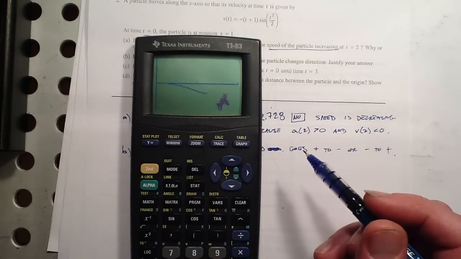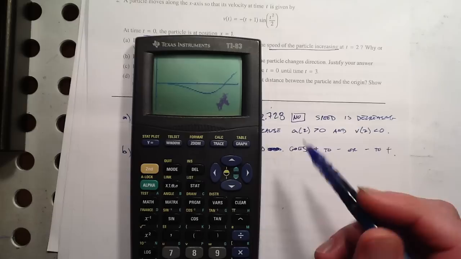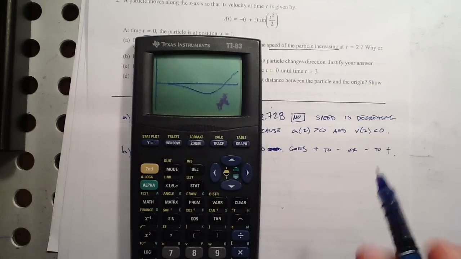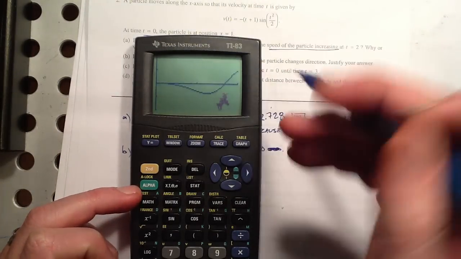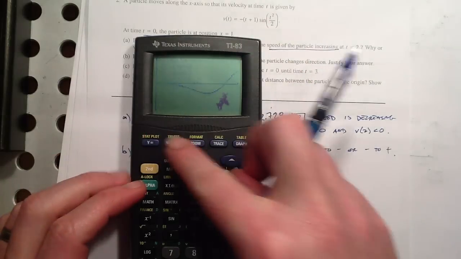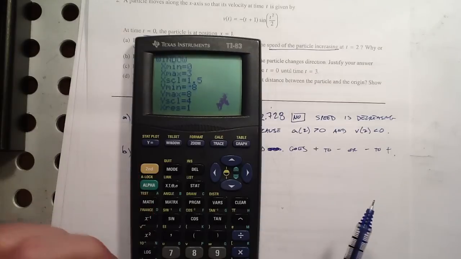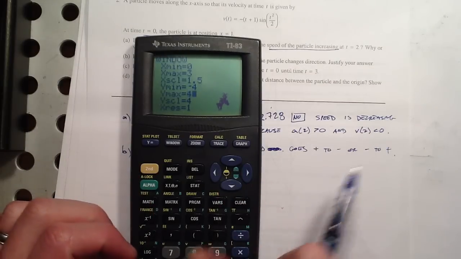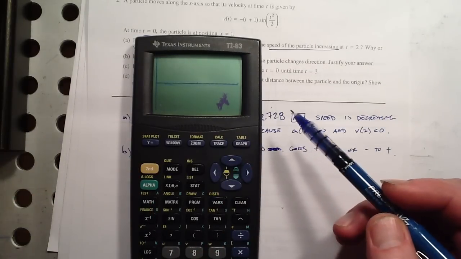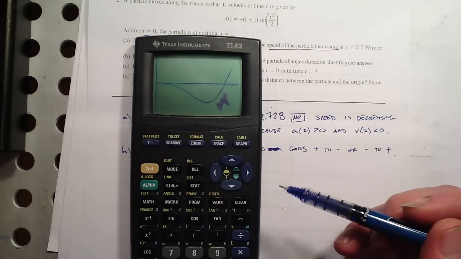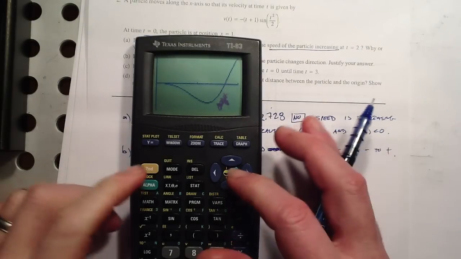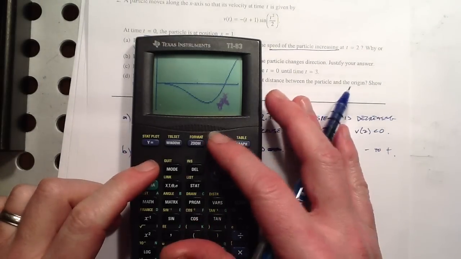Not too great. I think we probably want a better look at that, so how about negative 4 to 4? Just make sure nothing's happening there. So it looks like that's the only value there where it changes sign.